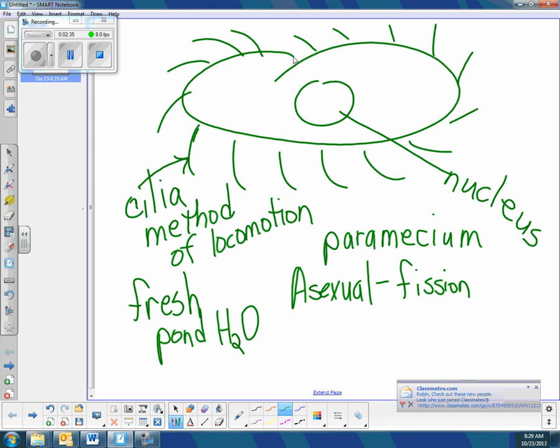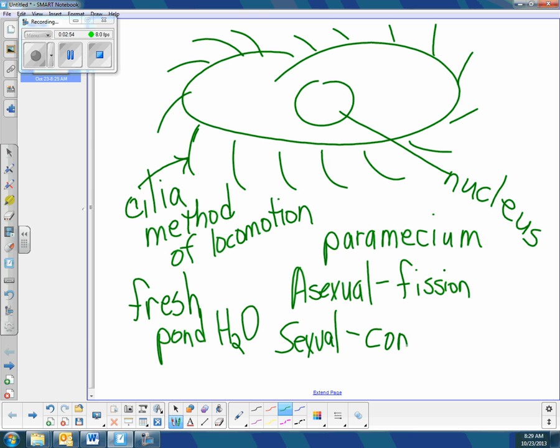And we're going to see the paramecium in fission as well when we look at some prepared slides. The other means is a sexual means of reproduction. And if you remember, sexual means involves two. And it's called conjugation.